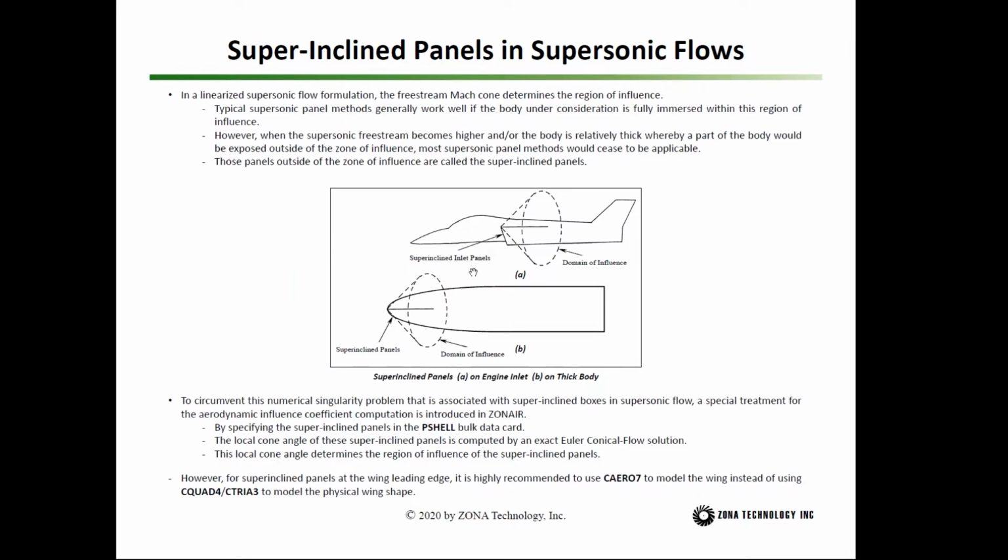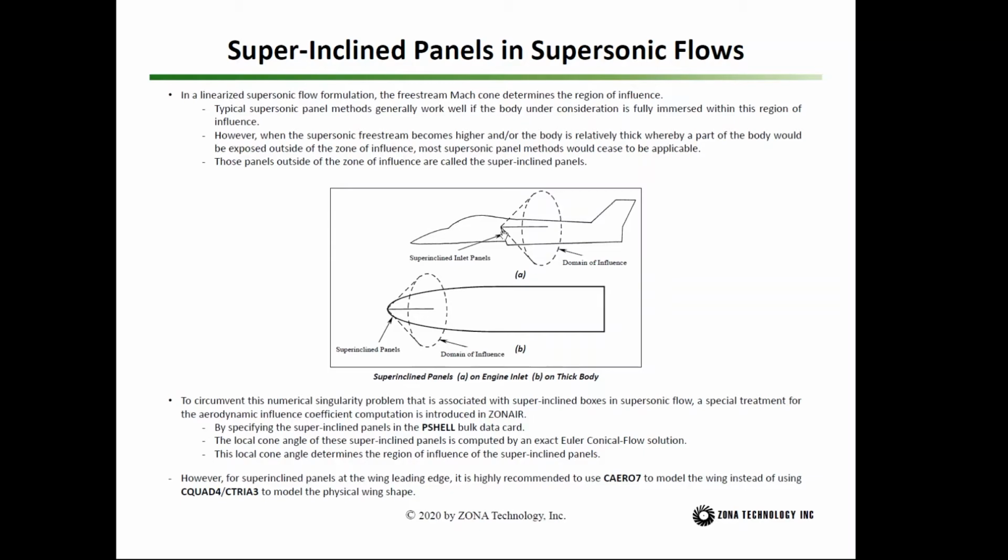In supersonic flow, the free stream Mach number determines the region of influence, and the region of influence is defined by a Mach cone. The cone angle is equal to arcsine of 1 over Mach number. So when the Mach number increases, the cone angle becomes smaller.